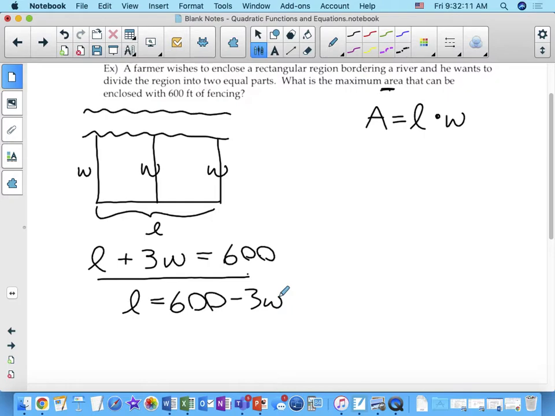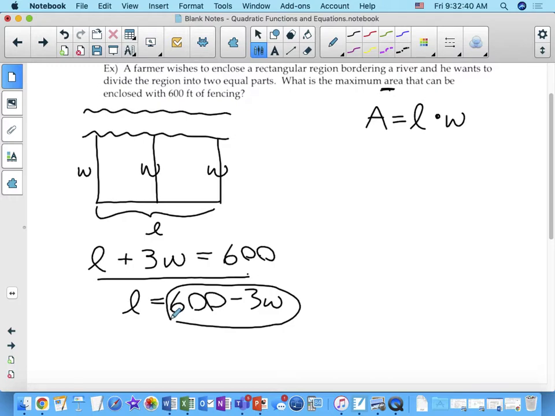Okay, now what could we do with this? What could we do with that? Yeah. Convert it to what? Well, this isn't a quadratic function yet. We've got a problem here, though. We want a quadratic function, but it's got too many variables.